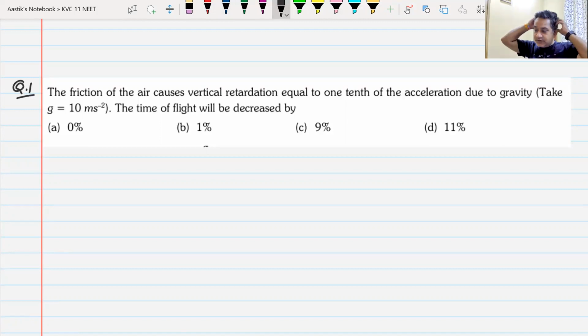So this is question number 1. The friction of air causes vertical retardation equal to 1/10 of the acceleration due to gravity. What effect does it have on the time of flight?